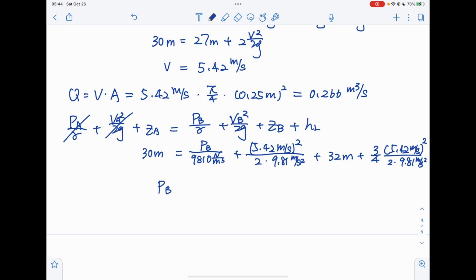So PB is going to be negative 4.62 meters, times 9810 newtons per cubic meter, which is equal to negative 45.3 kilopascals.